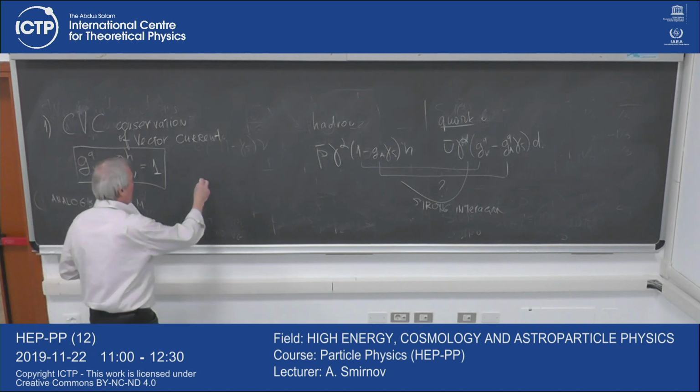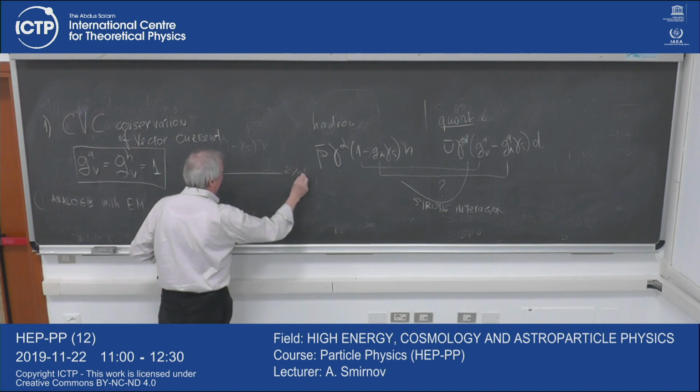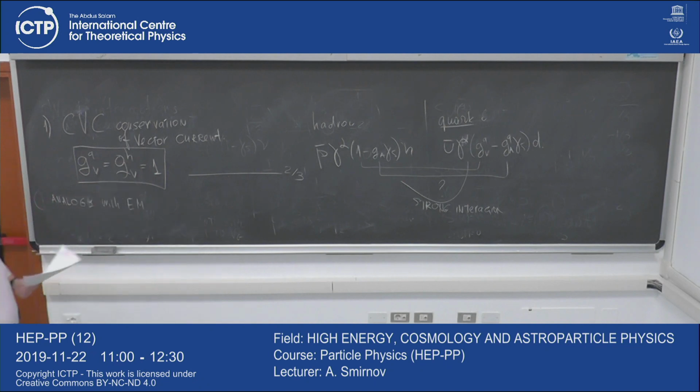So suppose I have a quark with charge 2/3. This is a free quark, so without inclusion of any strong interaction. Now let me go a little bit in advance, that will be simpler. I will take strong interactions in the form of interactions with gluons, which is actually what we know now.